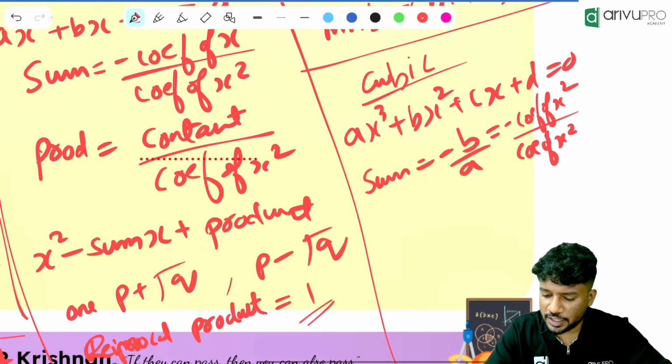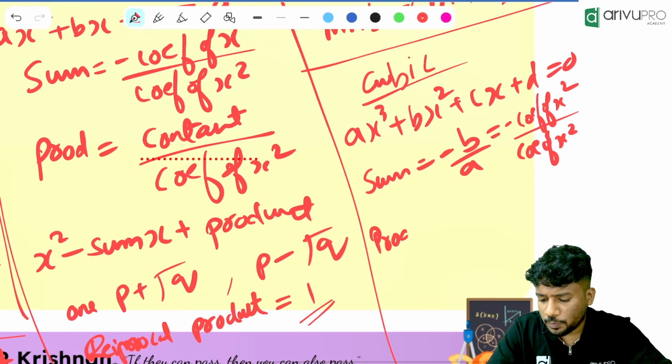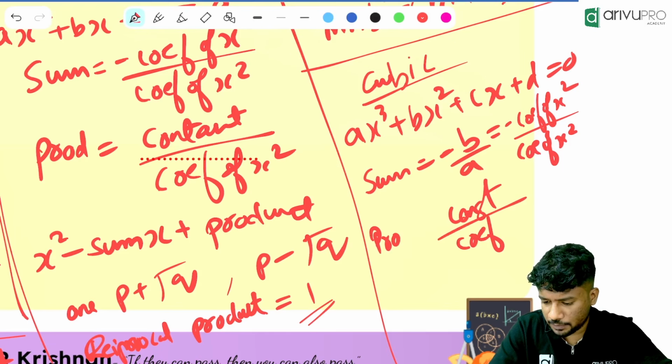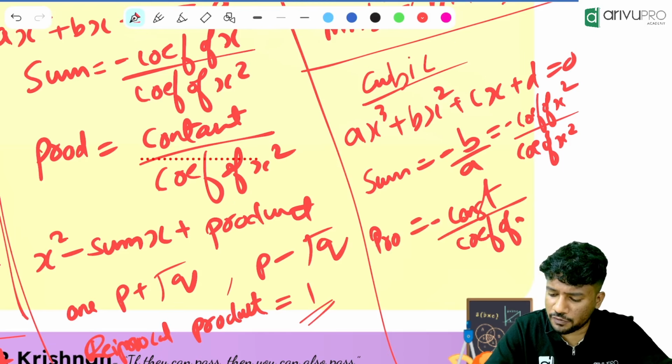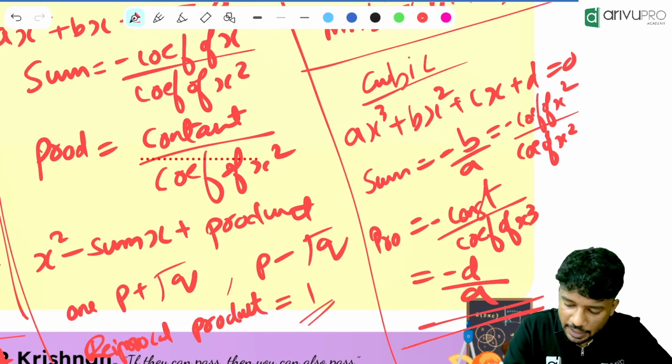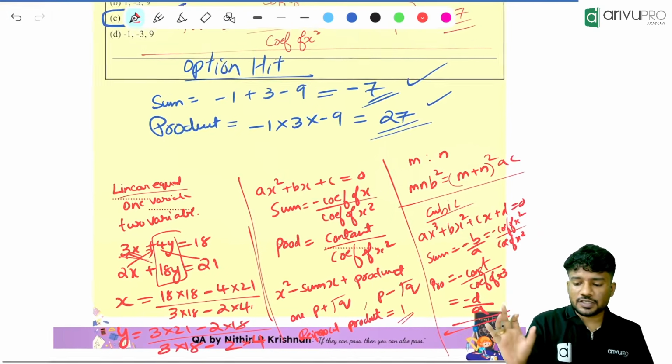Product of the roots is equal to minus of constant term divided by coefficient of x cube, which is nothing but minus d divided by a. So these were the things we studied in this chapter.